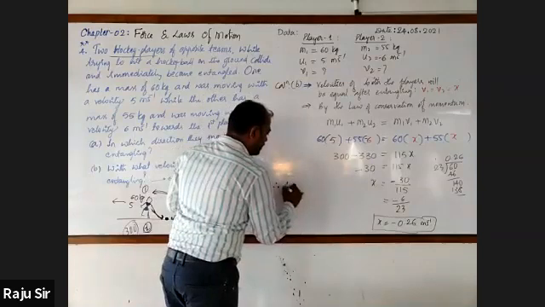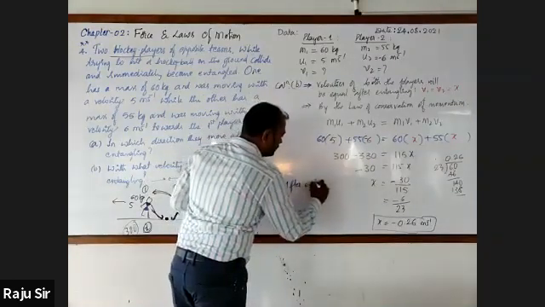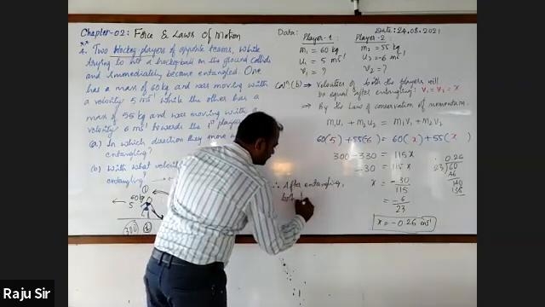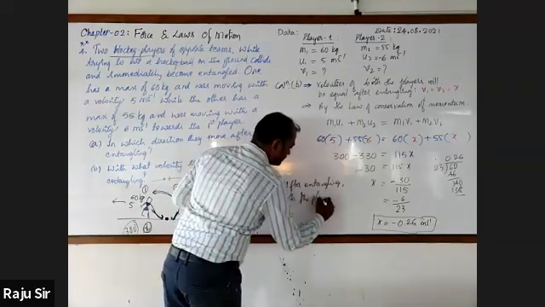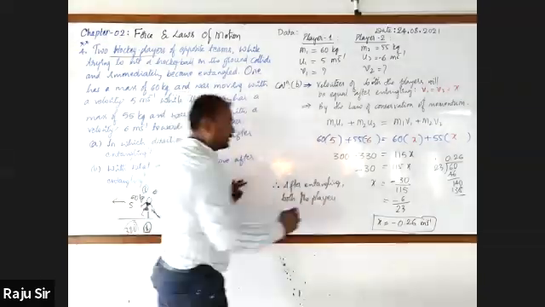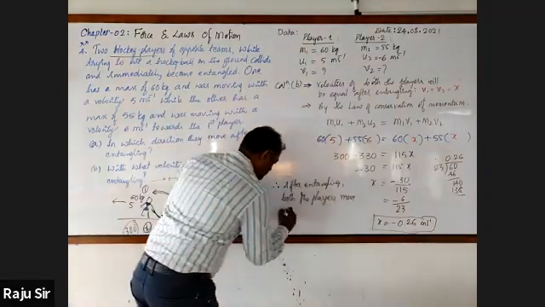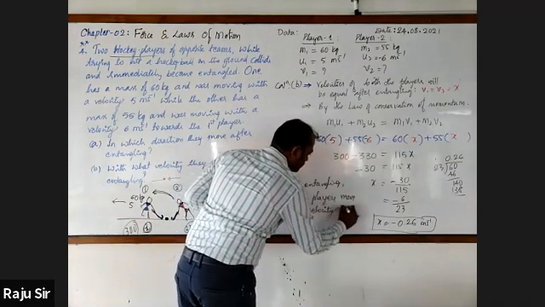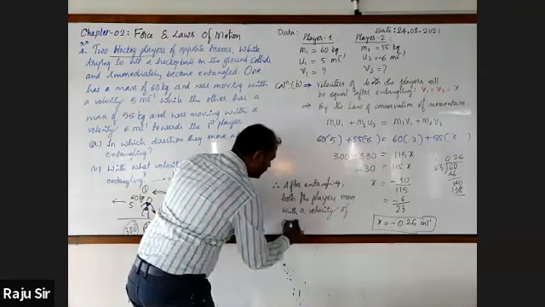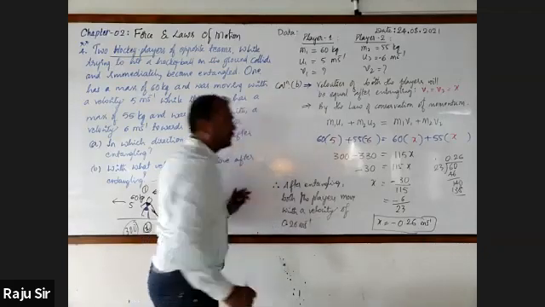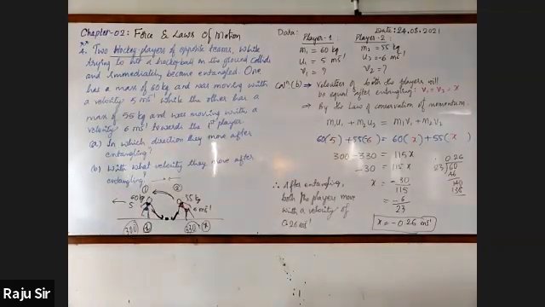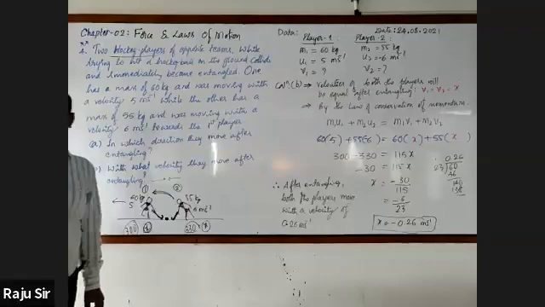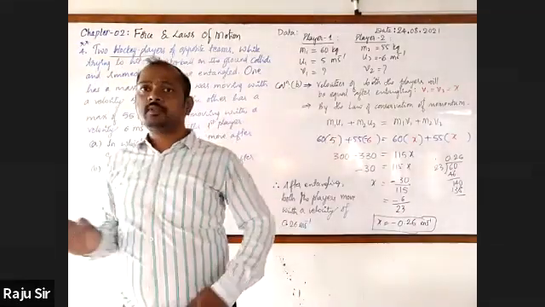Therefore, after entangling, both the players move with the velocity of 0.26 meter per second. Written up? Yes.